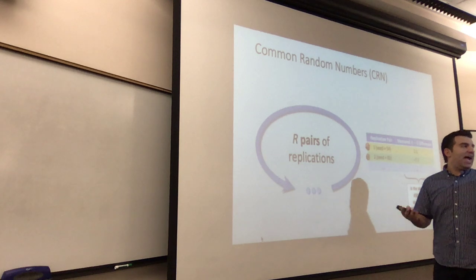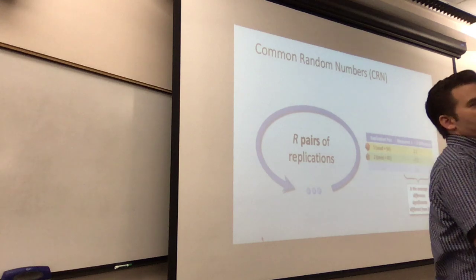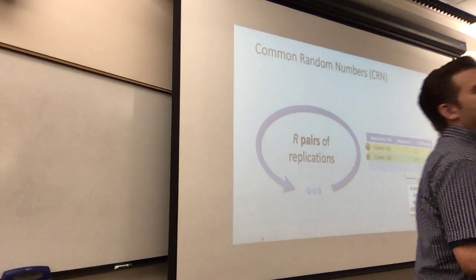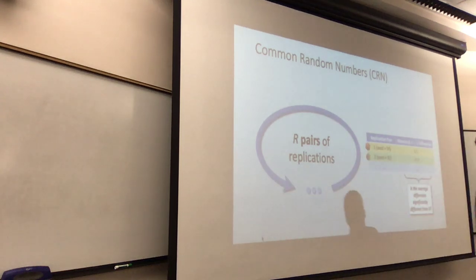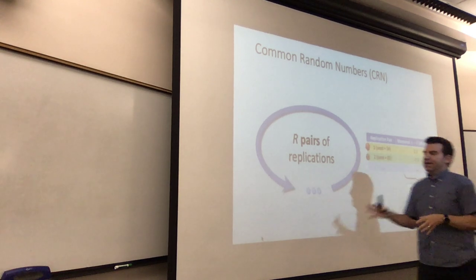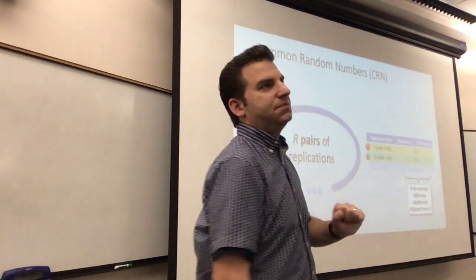So you could imagine me asking you to do an inverse transform problem like those you did for the midterm, but then I might add a twist: I want you to use common random numbers to compare, let's say, 2 inverse transforms. You would have to know that you run the same random number into both and then compare the output, as opposed to running a random number into one inverse transform and a different random number into the other and comparing the independent ones. That's an example of how I might combine the pre-midterm and post-midterm material.